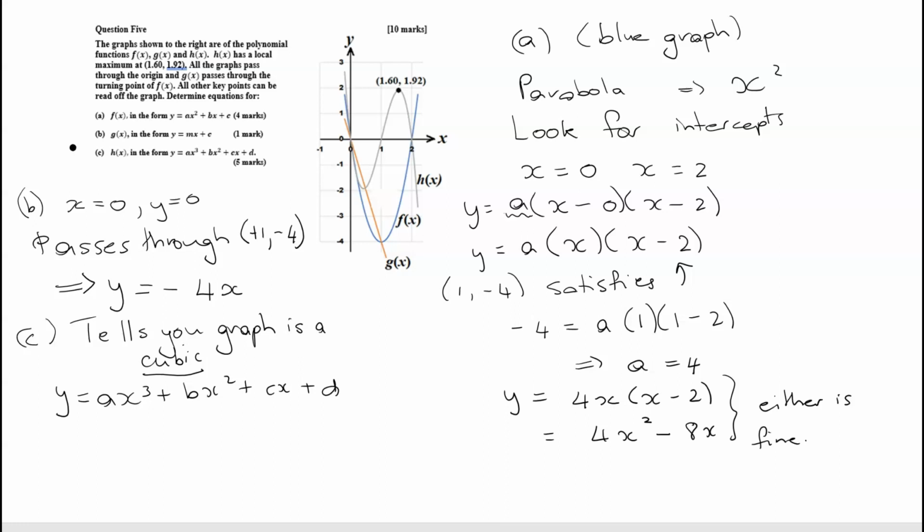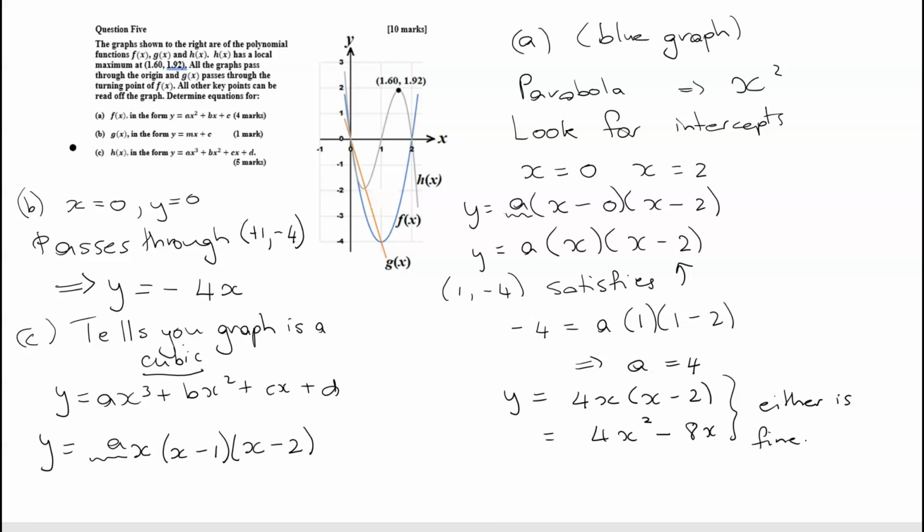Okay, so looking again at the intercepts. We know it's going through 0, so one of the brackets is going to be x minus 0, which we can just write as x. The next point it goes through is x equals 1, so the corresponding bracket will be x minus 1, and the next point goes through 2, so the corresponding bracket will be x minus 2. And again, there may be some number out the front, so we'll just call it a.